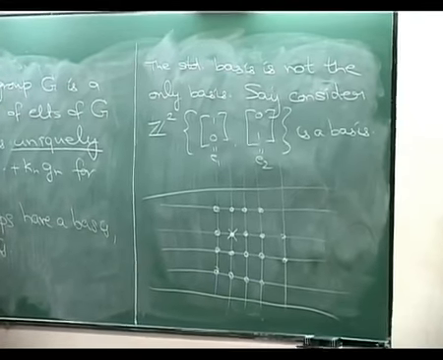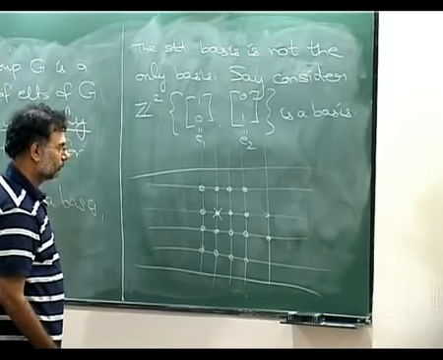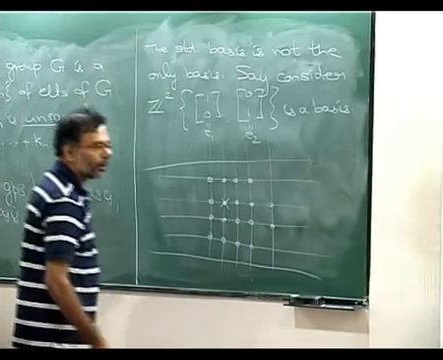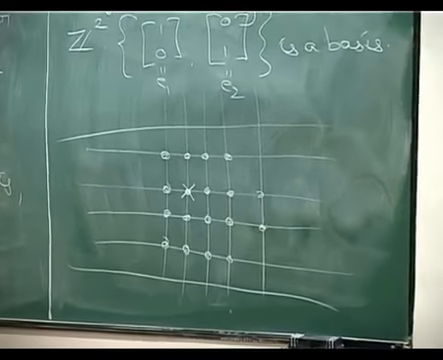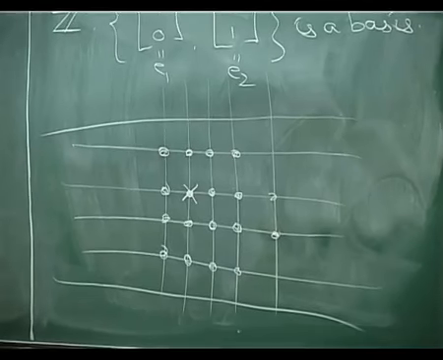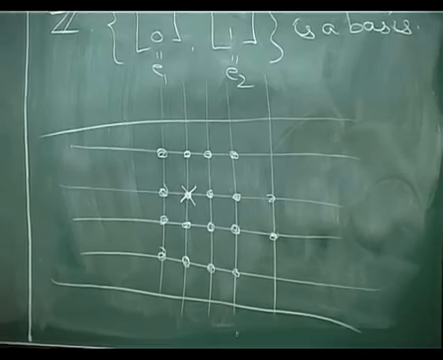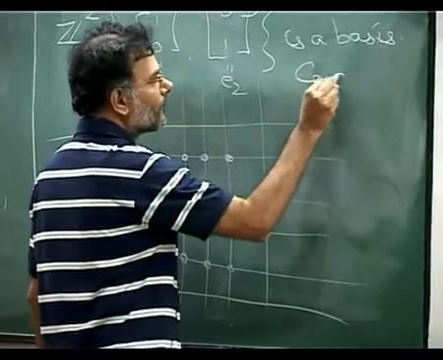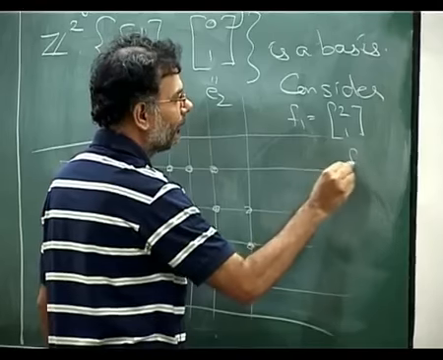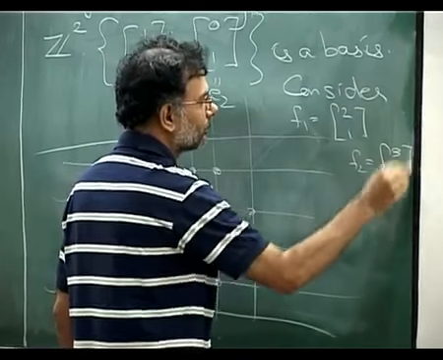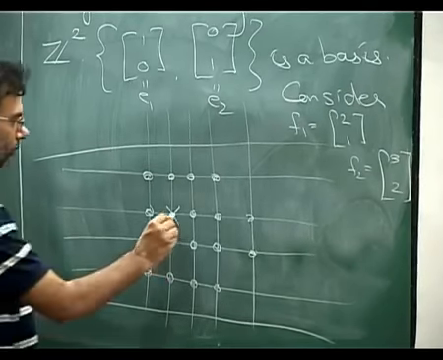Now in this I could consider, for example, F1 is (2, 1) and F2 is (3, 2). Let us consider these two points. Where is (2, 1)?